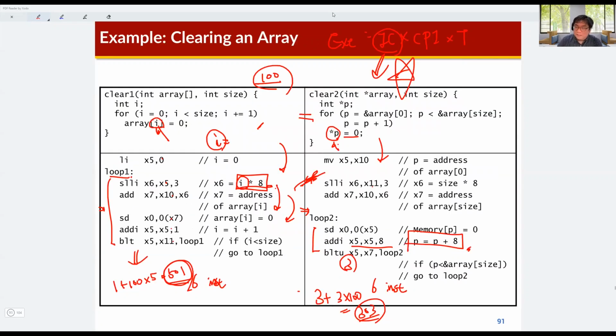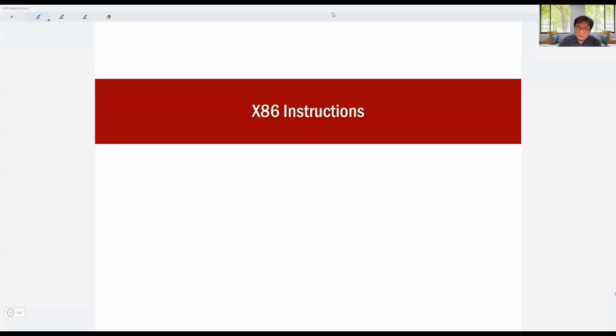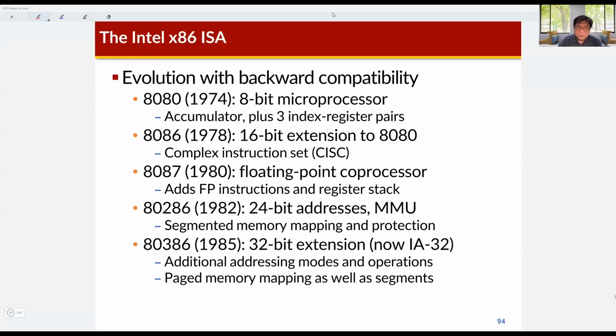But don't worry about this. Compilers are very intelligent, very smart. Compilers can generate the same code even though we use index style programming. So we don't need to worry about this case. We can use the index type more conveniently.